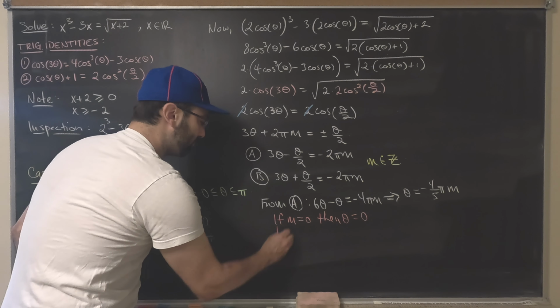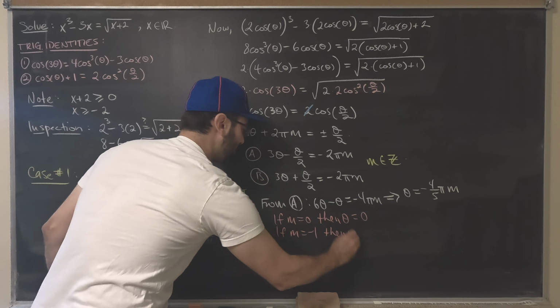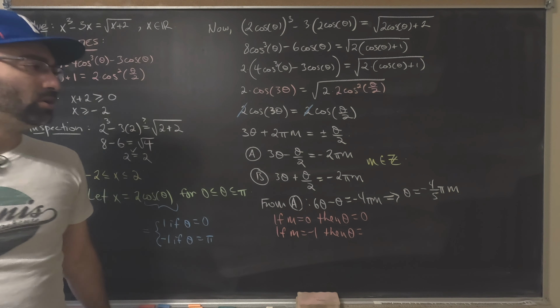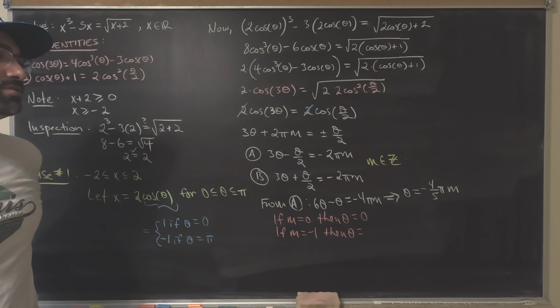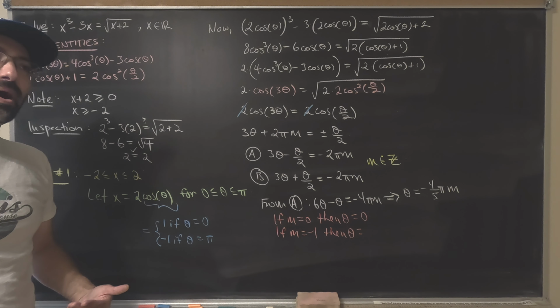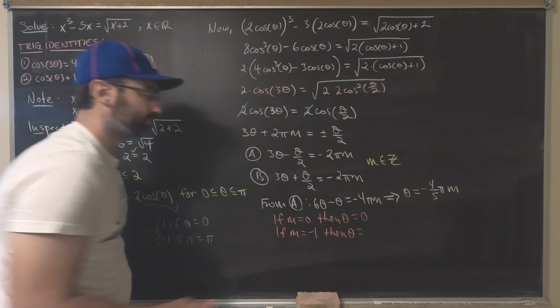How about if m is negative 1? Then what's theta? Well, negative 4/5 pi times negative 1 is positive 4/5 pi. 4/5 of pi is a little less than pi, so that does fall between 0 and pi.